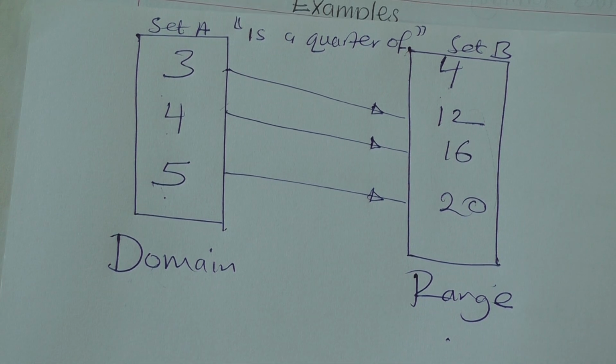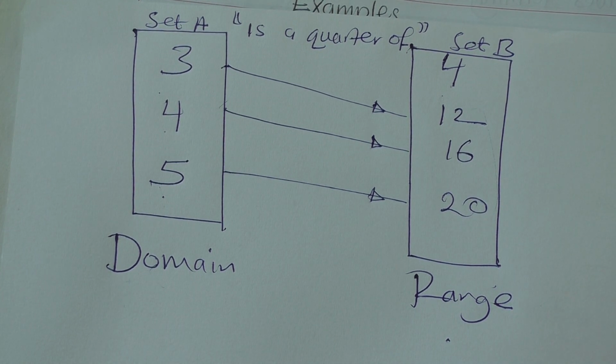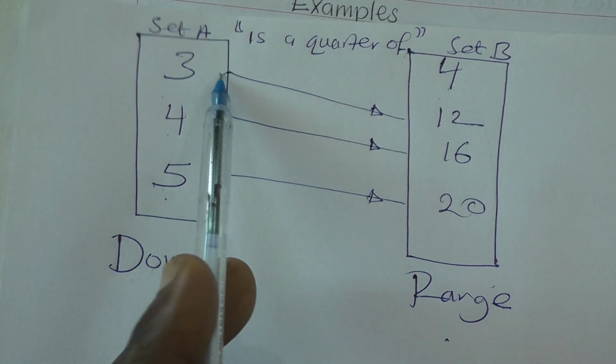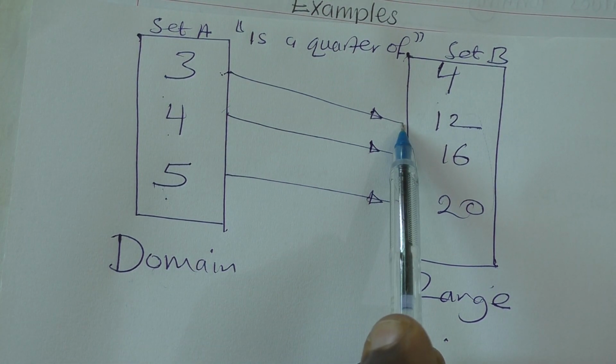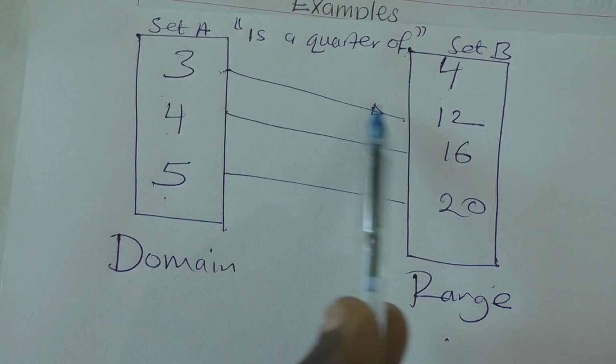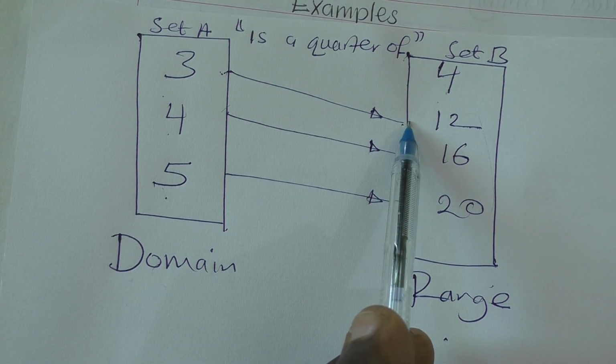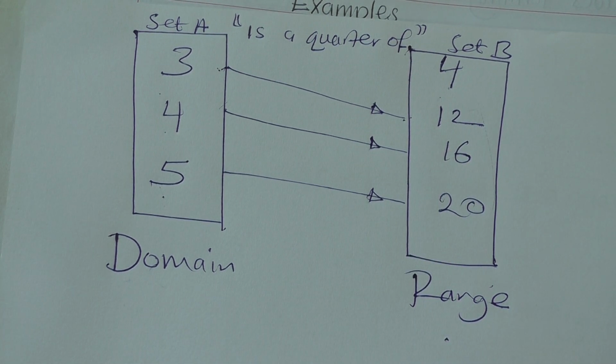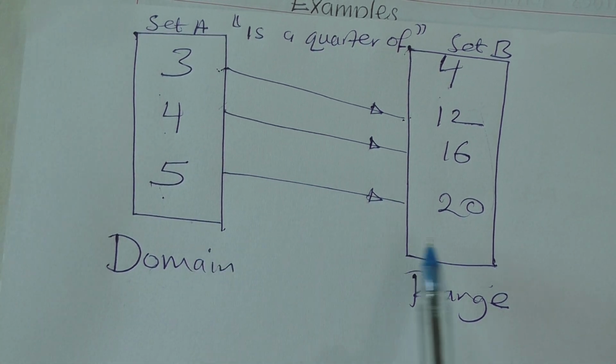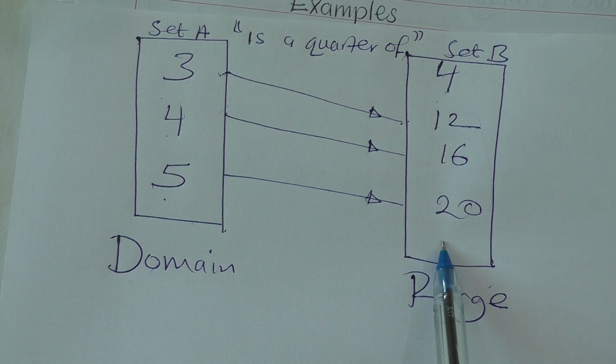And in an arrow diagram, we have relations. This is one-to-one relation. We may have one-to-many, many-to-one and many-to-many, as we shall see in more examples. But that is the arrow diagram.